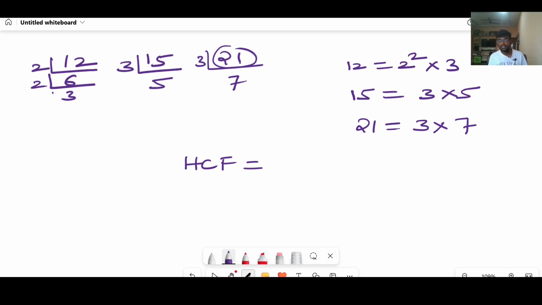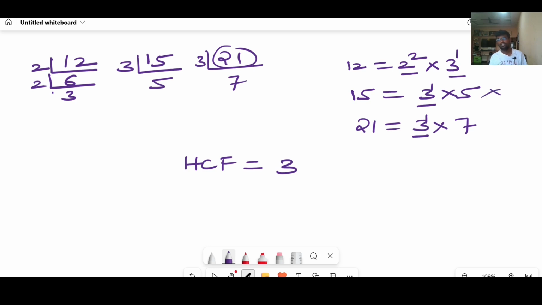Look at here, 3 is there in all the prime factorizations, right? 3 is common in all of them. Irrespective of the other exponents, we have to take the least exponent. Here all the exponents of 3 are 1 only, so directly you can take 3. And do you have any other common factor for all these three? Here 2 is there, but here there is no 2, right?